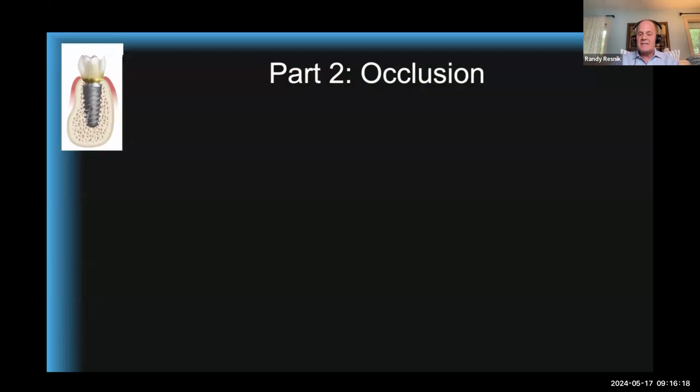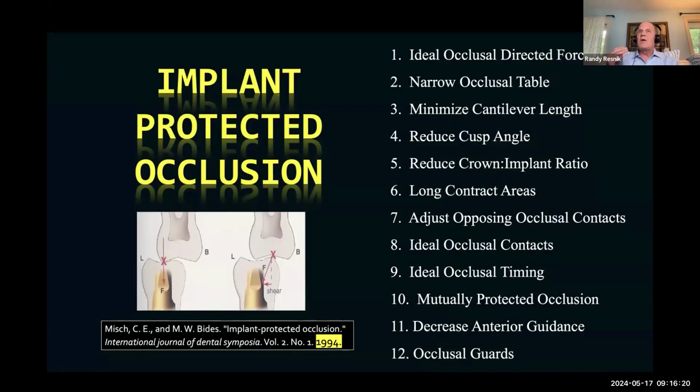With that being said, we talked about all these principles that are called implant-protected occlusion, which was devised partially by Carl Misch in the early 90s. Some of these topics apply directly to today's topic, which is single and multiple implants.